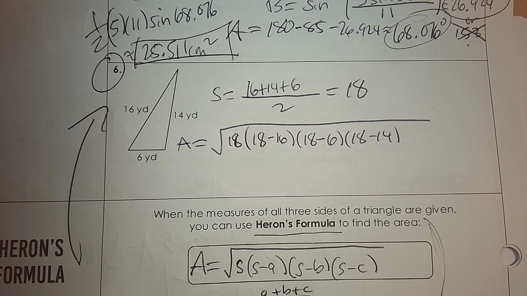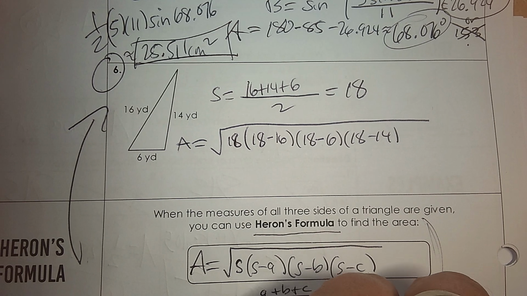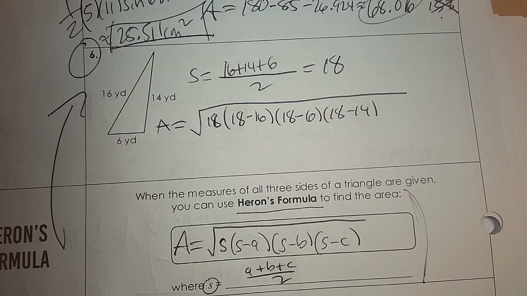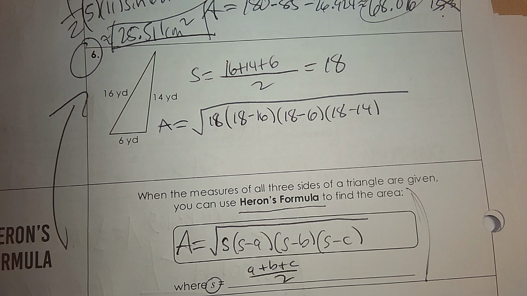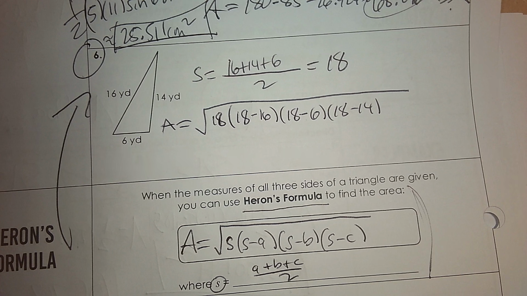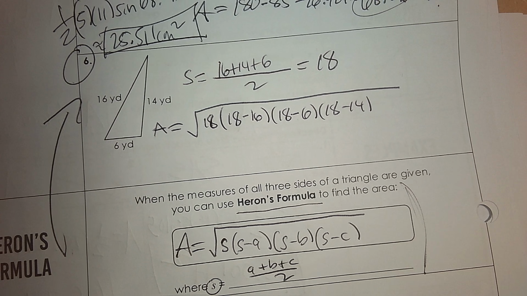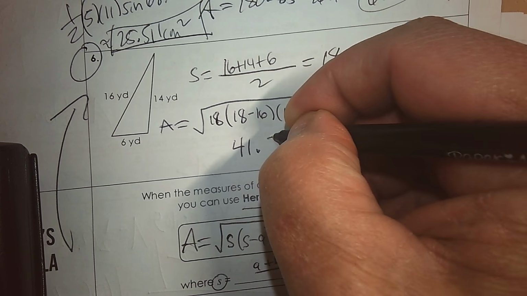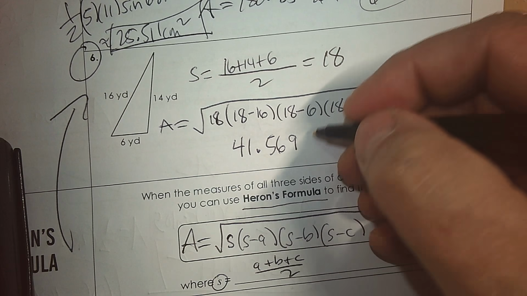Now use your calculator. So square root, 18 times 18 take away 16, 18 take away 6, and 18 take away 14. And the area is 41.569 yards squared.